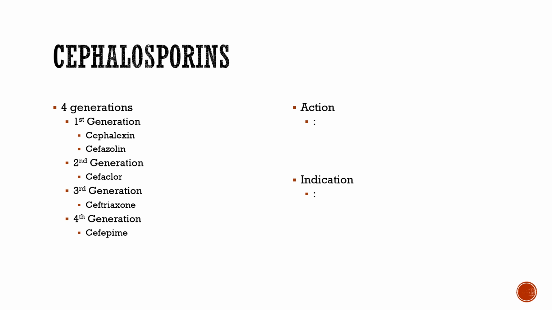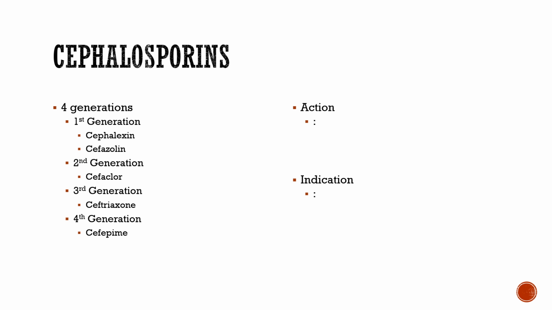Cephalosporins, there's 4 generations of cephalosporins. I do not expect you to know which med is in which generation. Each generation does have infections that they're more commonly used for, but I'm not too worried about you understanding that.